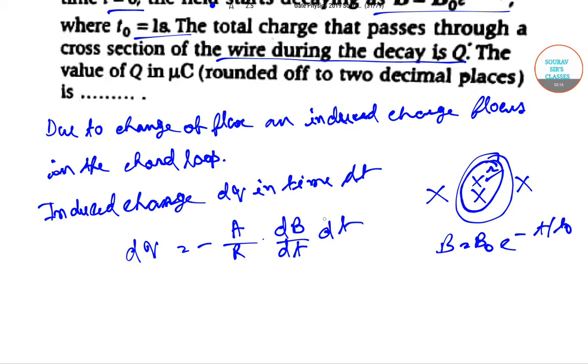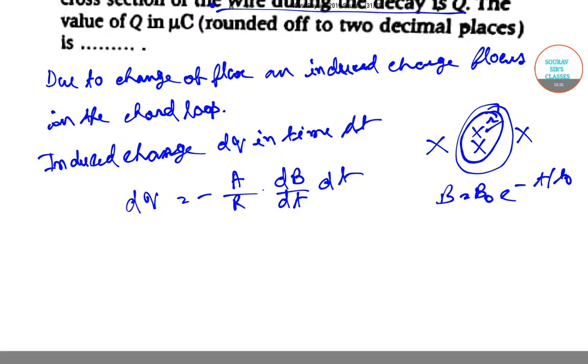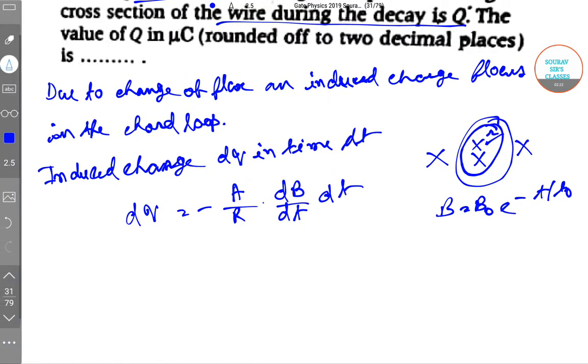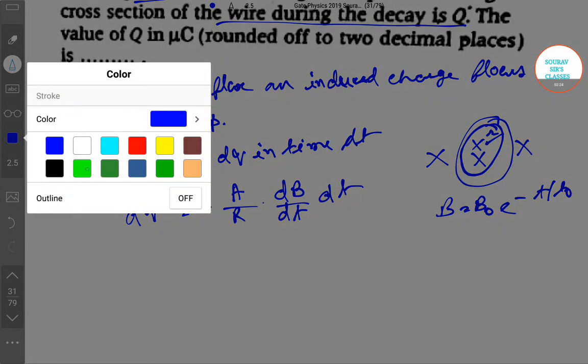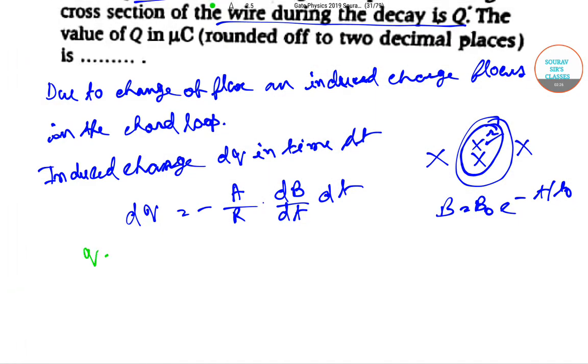This is the induced charge dq in time dt. So, total induced charge Q equals the integration over 0 to infinity of B0 A by R, and dB by dt means e to the power minus t by t0, integration.